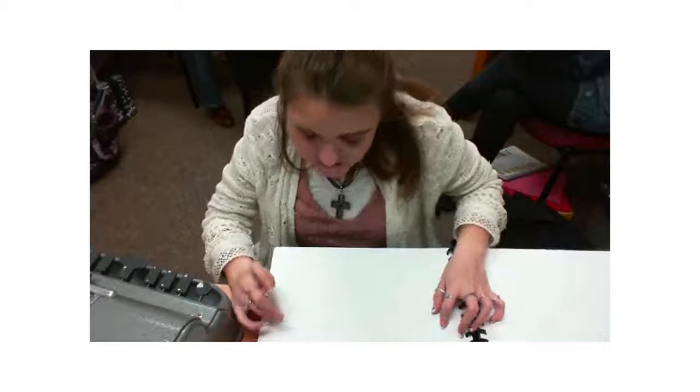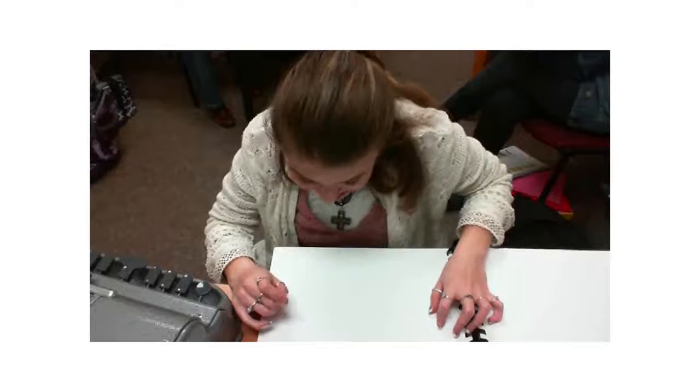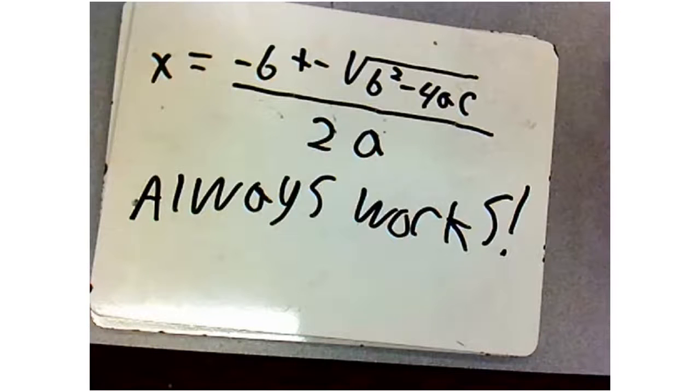I don't know. Okay, I'll come back to you. Ella, what's your favorite method, do you think? Ella says it's the quadratic formula. What about you, Josiah? What's your favorite method? Well, if you want to know, for me, my favorite is factoring, and if that doesn't work, then it's the quadratic formula, because I've been doing factoring for so long that it just pops in my head. What about you, Kathy?